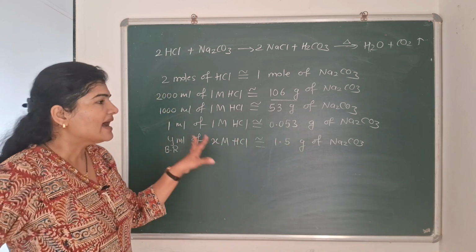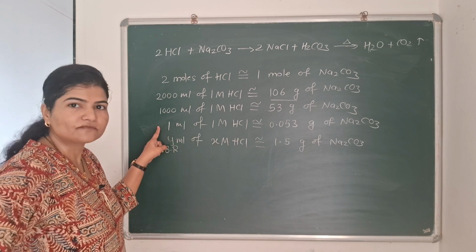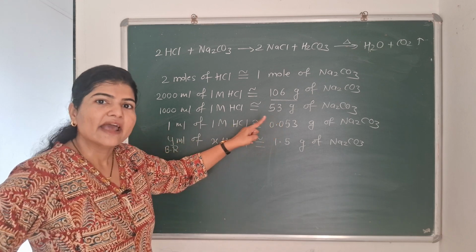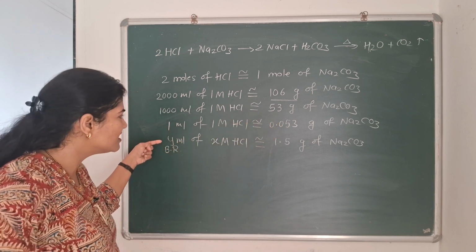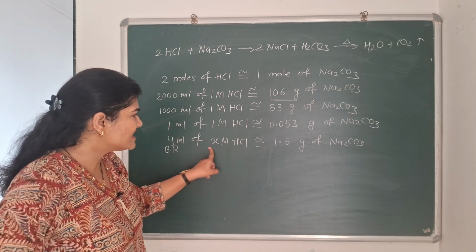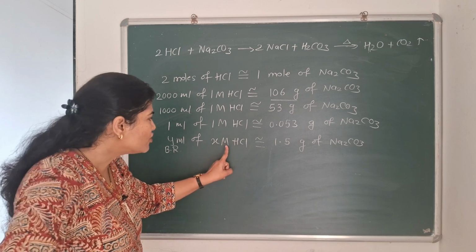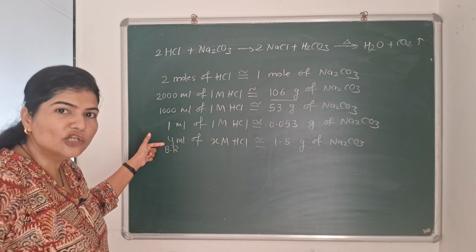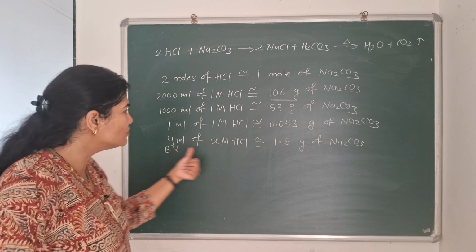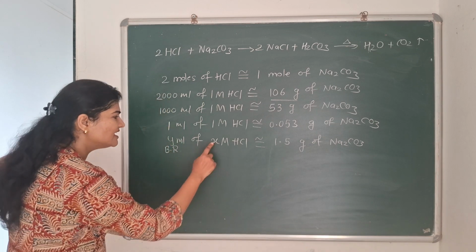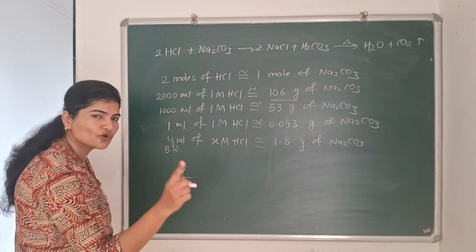See, now I have a factor where 1 ml of 1 molar HCl is equivalent to this, and then I have another factor where I don't know this molarity, so I have referred to it as X molar HCl. But for that X molar HCl, I know the volume required to completely react with 1.5 gram of sodium carbonate. So I can definitely calculate X using cross multiplication.